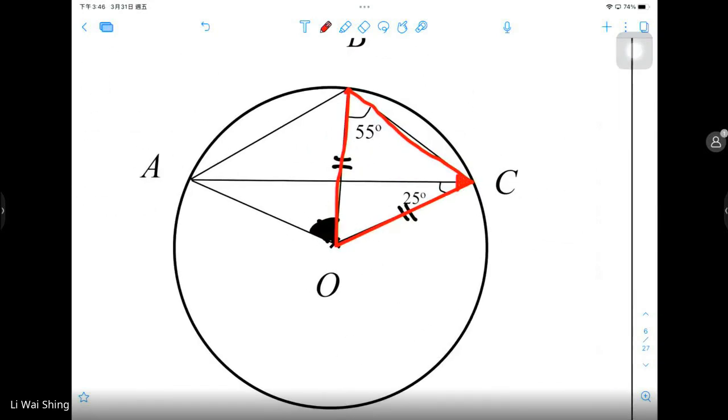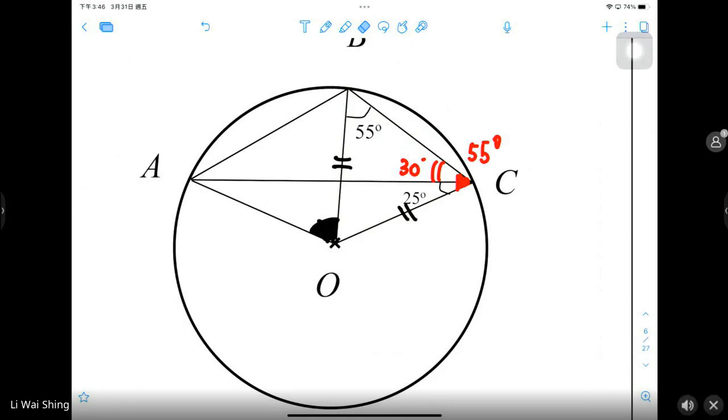The whole angle here equals to 55 degree. That means this part is equal to 30 degree. Then the relation between 30 degree and our angle here. Some of you get this already.